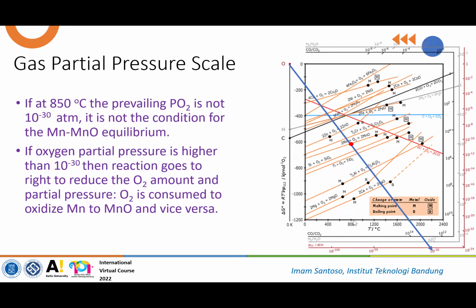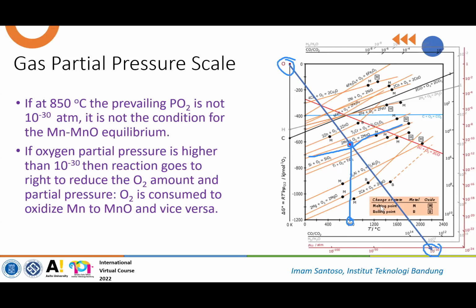For example, at 800, you determine which equilibrium, this one for example, between Mn and MnO, then you put it in here and you see the cross section between the temperature line and the Ellingham diagram line, and then from the O in here, meaning oxygen, you can directly take the line here and see the oxygen pressure, and this is the value.